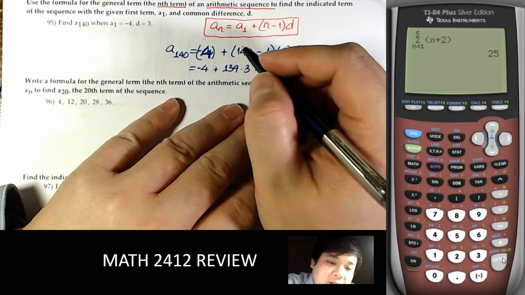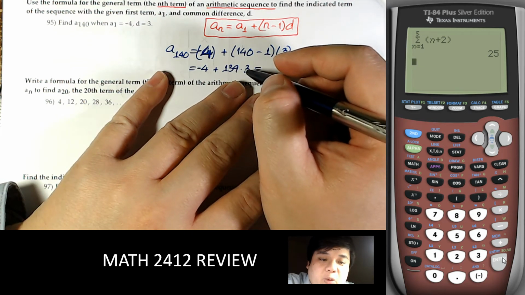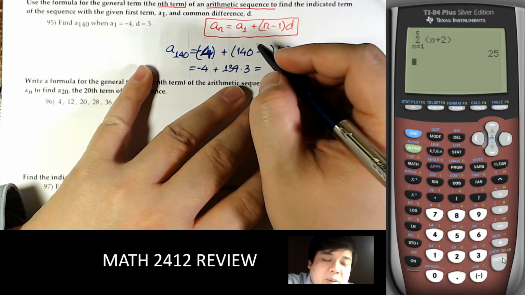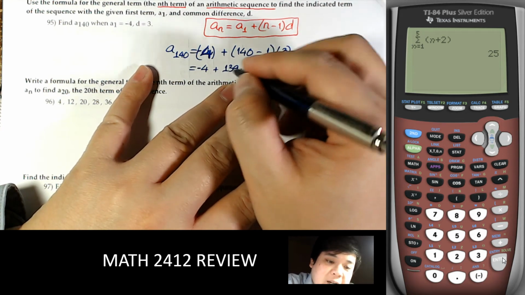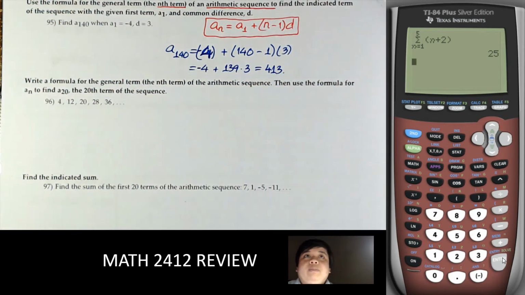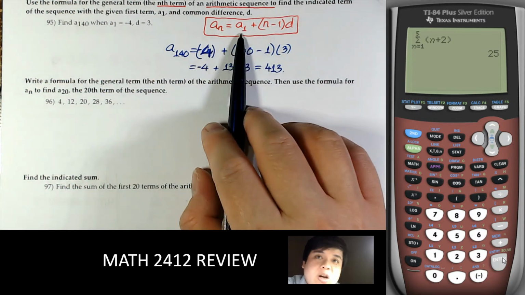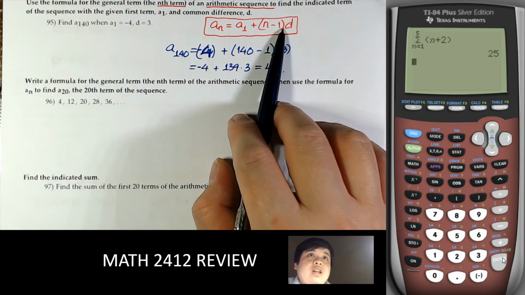And so that gives us 139 times 3 is 417 minus 4, 413. Right. So again, just that formula. In that formula, of course, we need to know the first term, where we start, and the difference. How do we get from this term to the next?